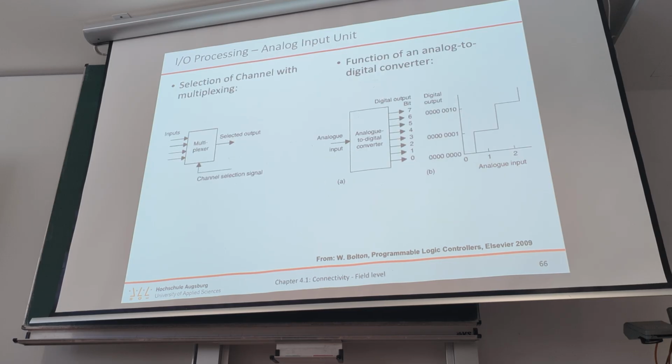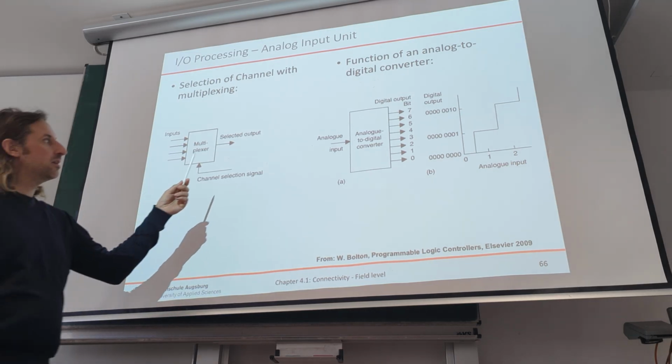Okay, and now when we have analog inputs, I already said we have an analog signal coming in, as 0 to 10 volts or 4 to 20 milliamps, and we somehow have to translate that into a digital value, because in the end we have to have a digital value in our code that we work with. That is done by a so-called analog to digital converter.